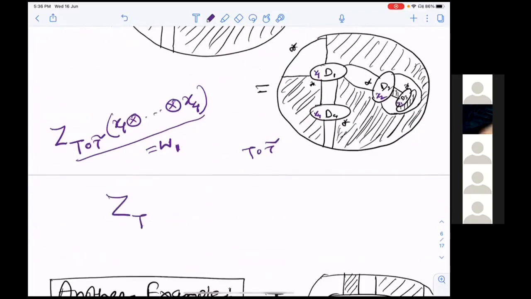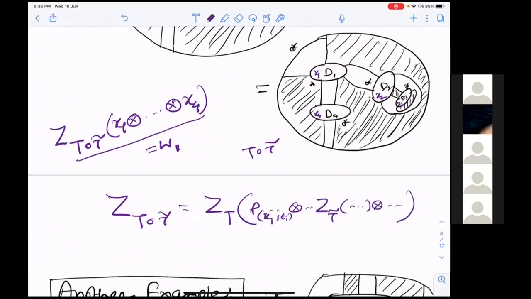I mean, Z of T circle T tilde should be Z of T, where Pk1 epsilon 1 is going later than ZT tilde here. So you can calculate the output before substitution, or at the end you can calculate the output. This will not matter. This will be the same thing.